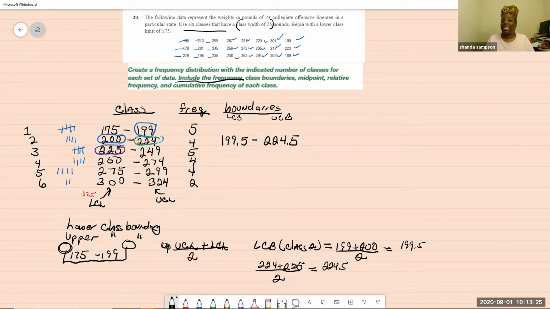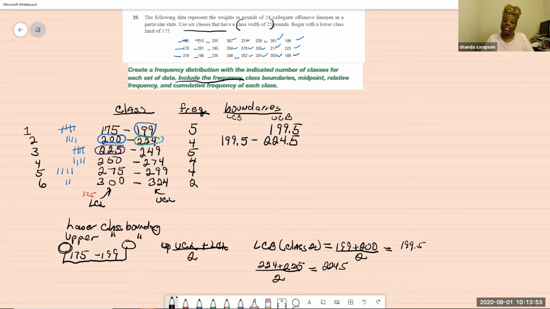So what would be the upper class boundary for class 1? Well, the upper class boundary for class 1 is actually going to be the lower class boundary for class 2. Yes, that's what it's going to be, right? Because if you take 199 and 200, you're going to get 199.5. Now, these are not like classes where they can't overlap. They will overlap because you're talking about where it bounds at.